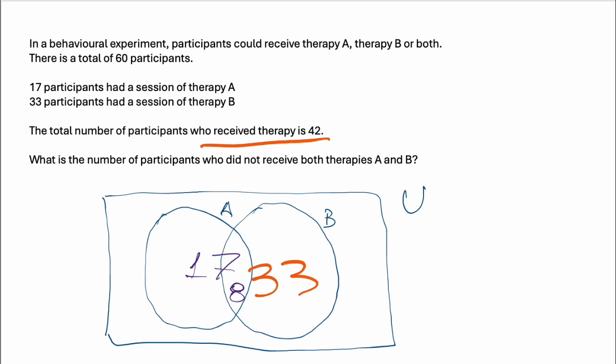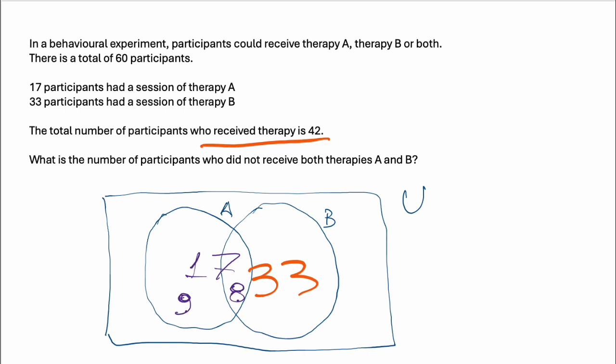So if 17 received therapy A and 8 are in the intersection, right? Actually, I have only 9 people that received only therapy A, okay? So 9 plus 8 gives the 17 that I need, okay? So 9 just received therapy A, and they did not receive therapy B, but 8 received therapy B as well.